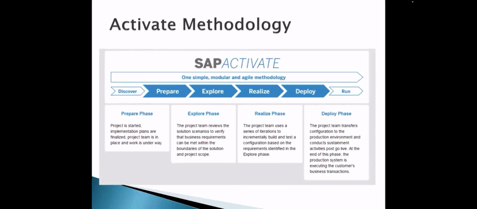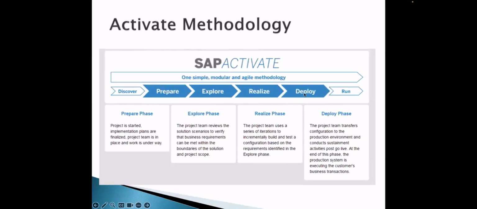All such cutover activities happen in the deploy phase, getting your final live system ready with all the configurations, employee data, permissions, roles and assignments. That is the last phase, the deploy phase. This can again run between 4 to 6 weeks.